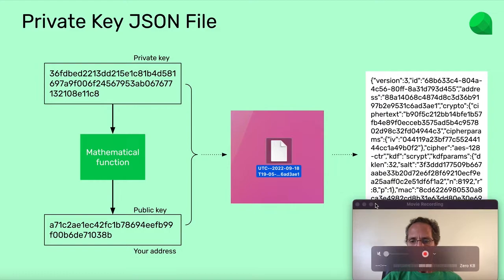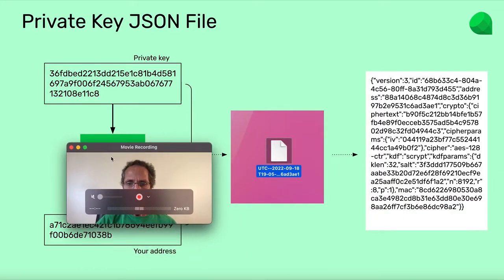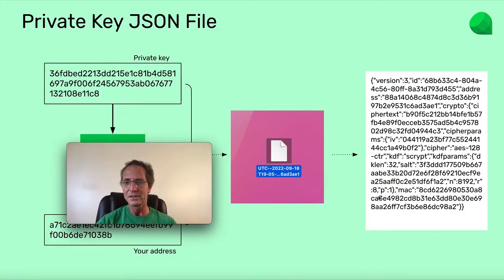And when you open it using a text editor or something like that, you're going to see gibberish, just information in this format, which is encrypted, because usually to create a private key JSON file, you enter a password, so it's encrypted with that password that you created.